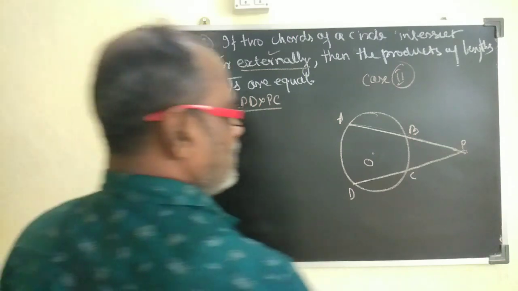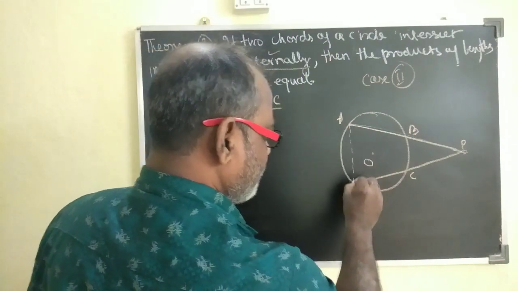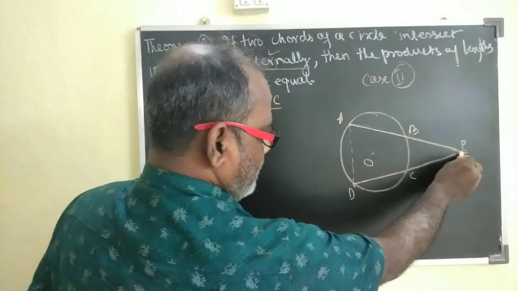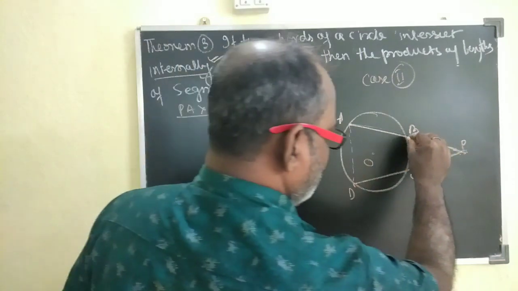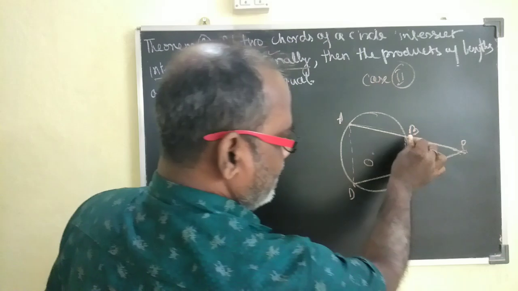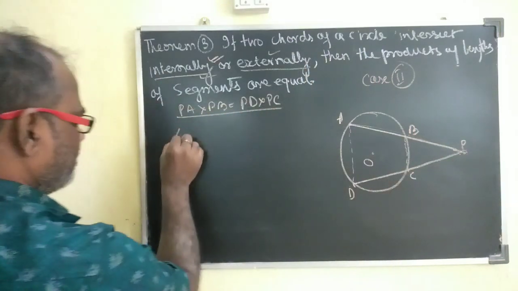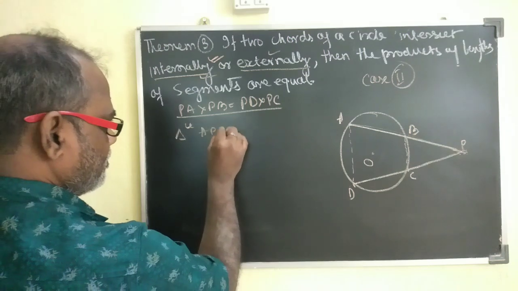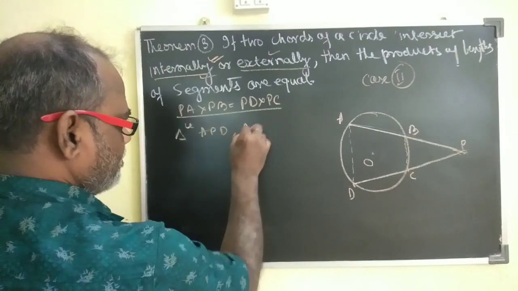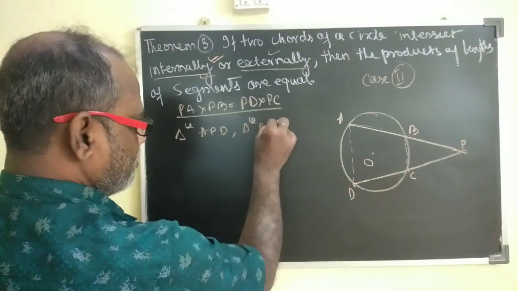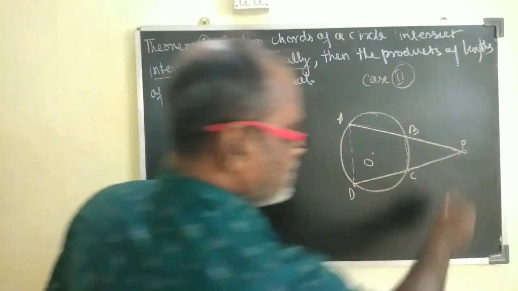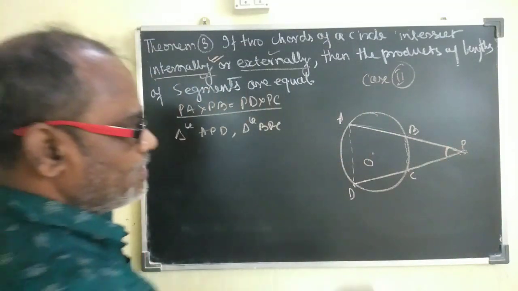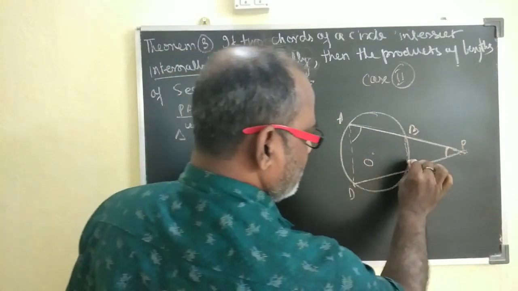For this, let us join this, and here we'll consider two triangles, triangle APD and triangle BPC. In these two triangles, this angle is a common angle, and this angle equals this angle.